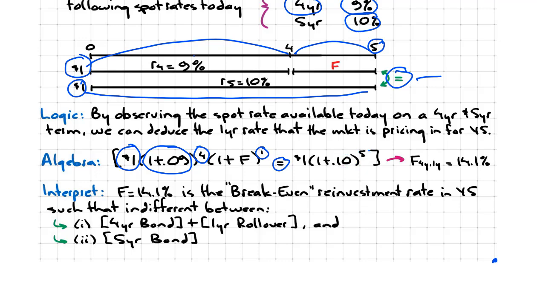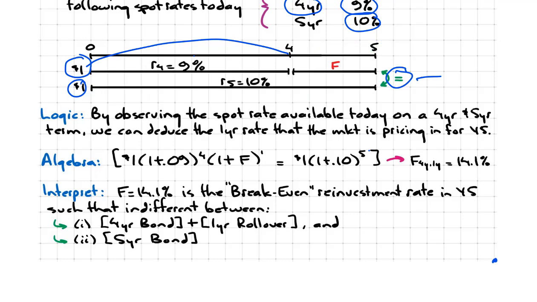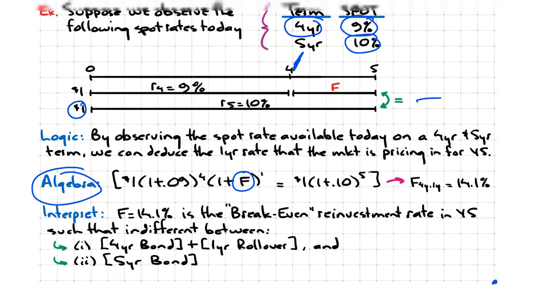So then when you set this up with an algebraic approach, what you see is we have one equation and one variable. So then you just solve for the forward rate. So in this case, we would refer to the forward rate as 4 years from now. So 4 years from now, what is the 1-year forward rate that's being priced in at that point in time?